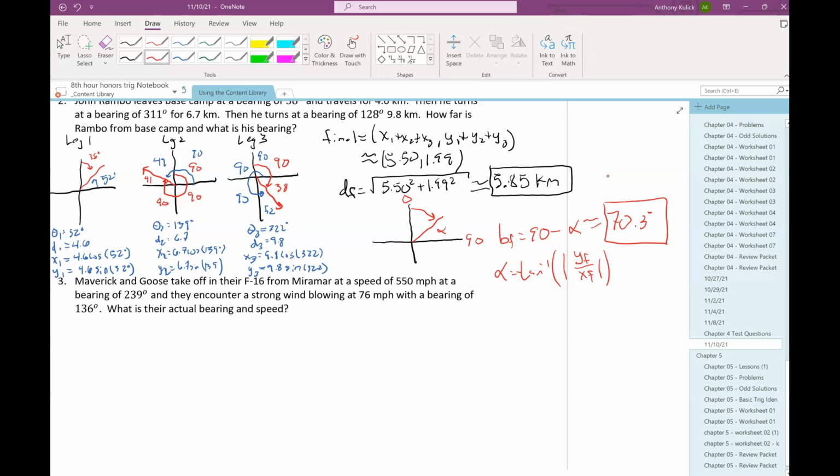Because you're asked what did you start out doing, or what was one of the initial conditions, rather than asking, okay, this happens and this happens and this happens, where do you end up? That's an addition problem.